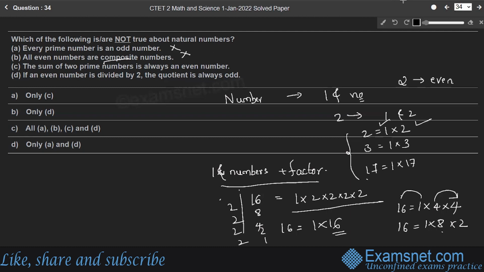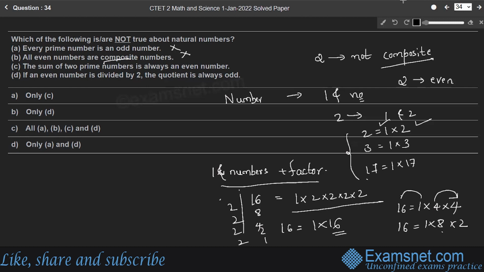All even numbers are not composite numbers, right? Because 2 is an even number which is not composite, right? Which is a prime number, right? 2 is an even number which is not composite. Hence, statement 2 is also not true.